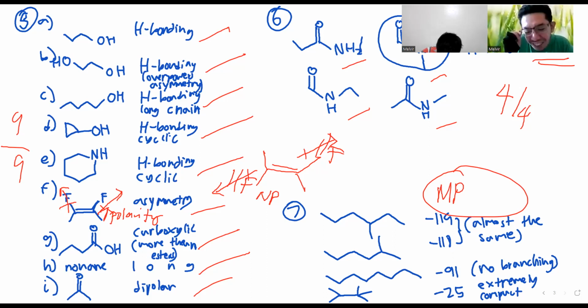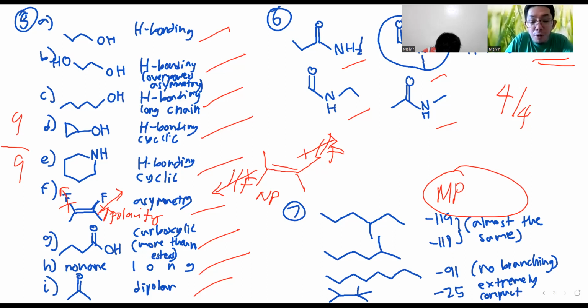So, si neopentane at room temp ay gas, no? 9.5 degrees Celsius, yan yung boiling point niya. Pero ang melting point niya, Josh, ay negative 16.6 degrees Celsius. Mataas yun, no?